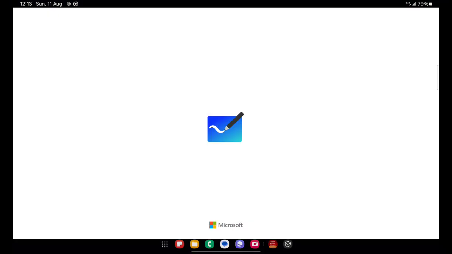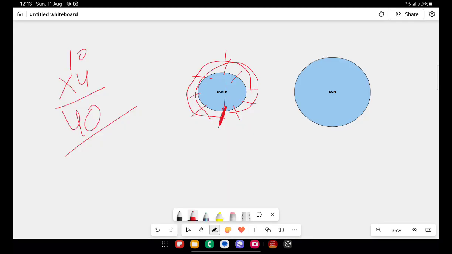Now it's going to take all day to open. This is why I hate Microsoft Whiteboard. Well, whatever. So here you have your Earth, full of glitches.